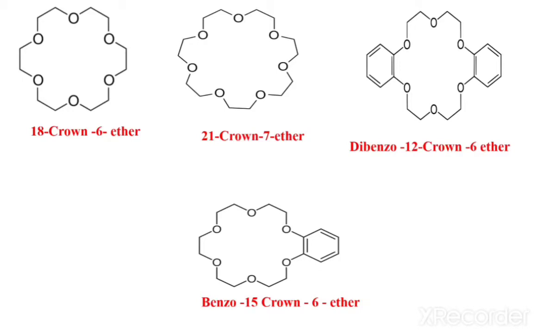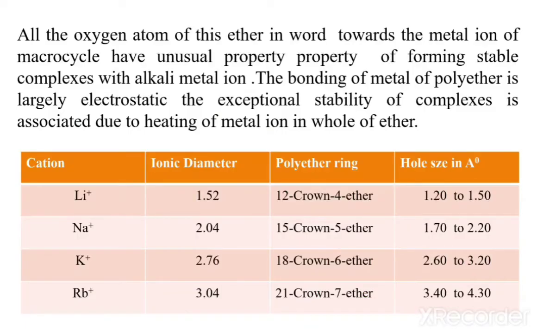They are preferentially used. The most commonly used is 12-crown-4 ether. Now in crown ethers, all the oxygen atoms of the ether point inward toward the metal ion of the macrocycle and have the unusual property of forming stable complexes with alkali metal ions.